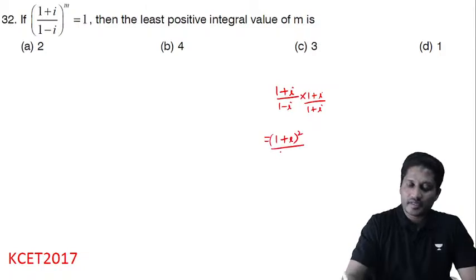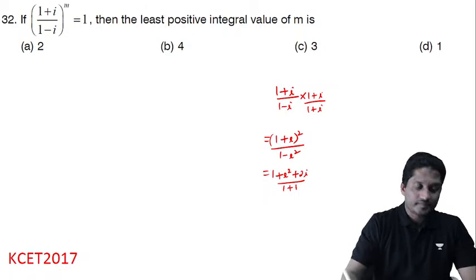A plus B into A minus B is A square minus B square. So A square plus B square plus 2AB gives 2i. i square is minus 1. So this is 1 minus 1 plus 2i upon 2. 2 and 2 cancel, you will get this as i.